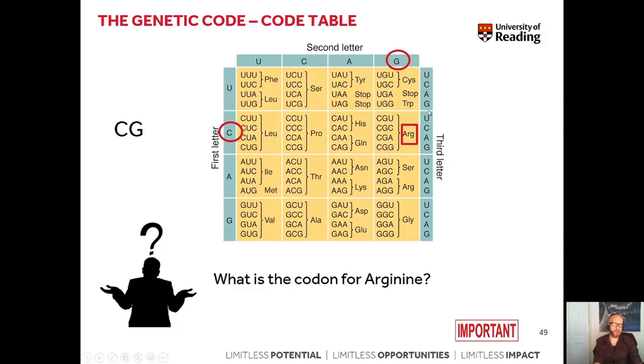And last but not least, if you look at the third base, then you will find that U is one possible third base producing arginine. So the first code we have identified here is CGU, with C being the first base, G being the second base, and U the third one.